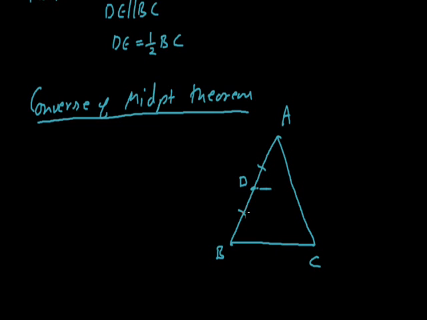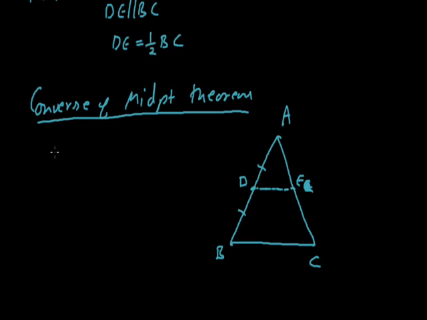Then where this line intersects AC, let's say it be E. So this point E is the midpoint of AC by the converse of the midpoint theorem.